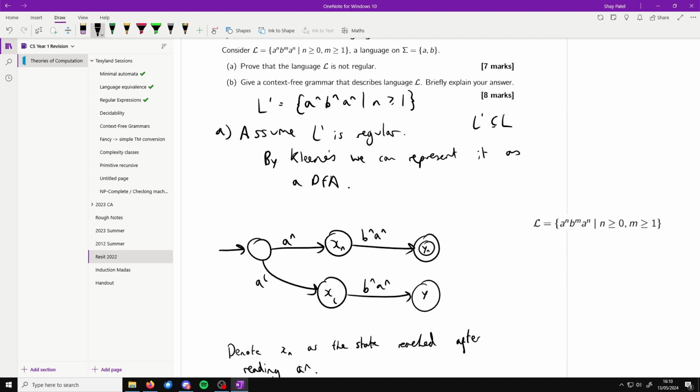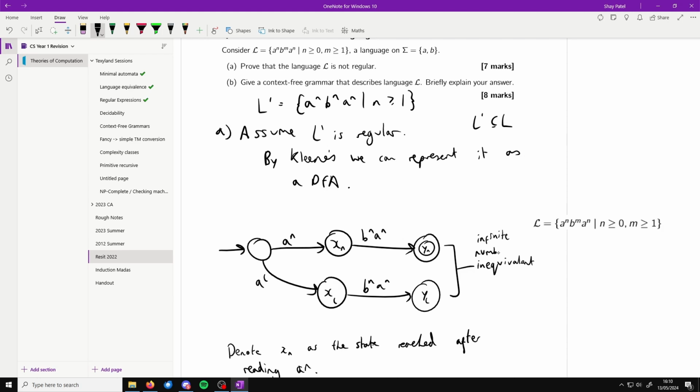Also, it's b to the power of L. So we can say they're not equivalent, and hence, because n is not equal to L, they're going to be inequivalent for all of them.